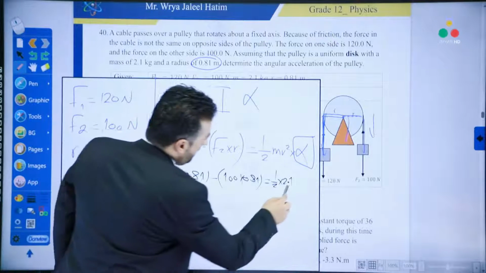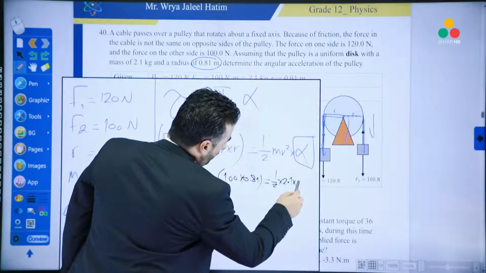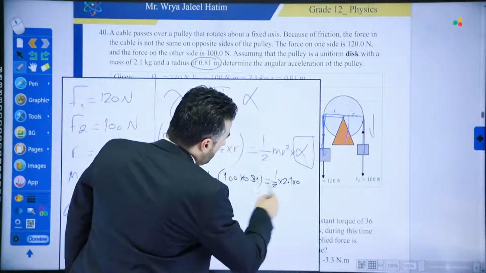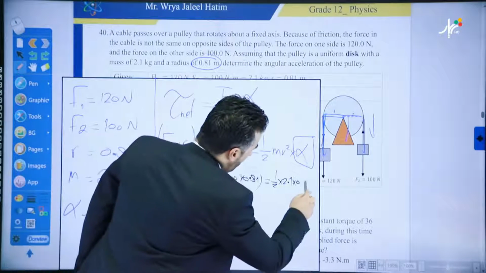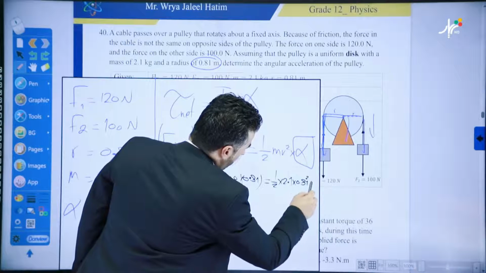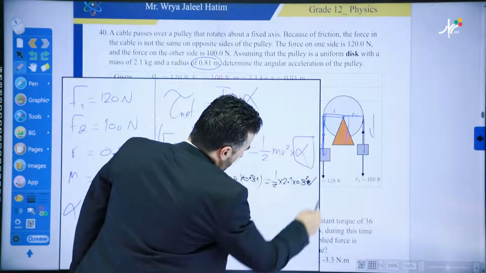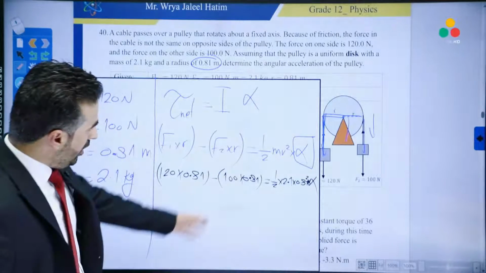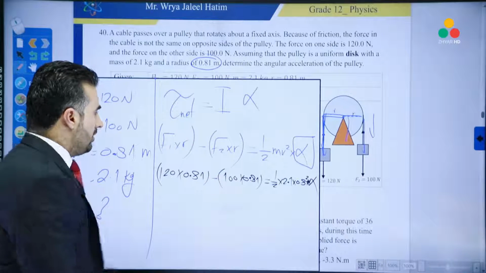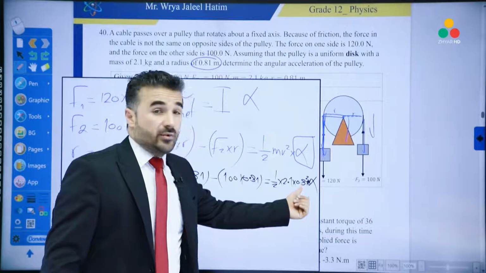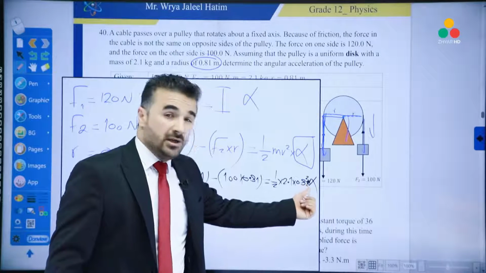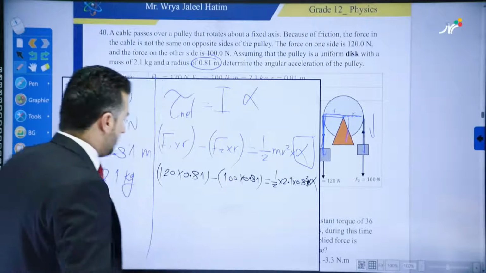Very good. And then multiply by the radius squared, which is 0.81 squared. I should have used a bigger space, but I hope you can see well. So this is 1 over 2 multiplied by the mass, 2.1, multiplied by the radius, 0.81 squared, multiplied by the acceleration.